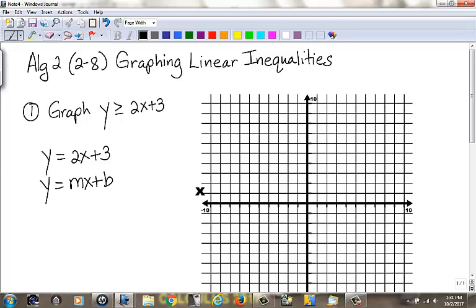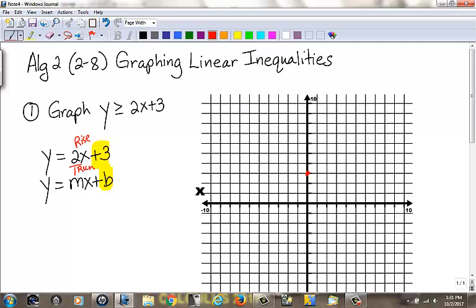So you graph the b value first, so you know it goes through at positive 3 on the y-axis. So go up 3 and put a point. Then the slope is 2, which is 2 over 1, your rise over your run.